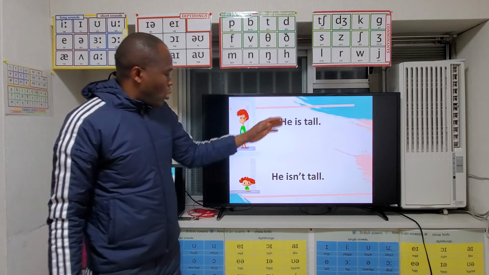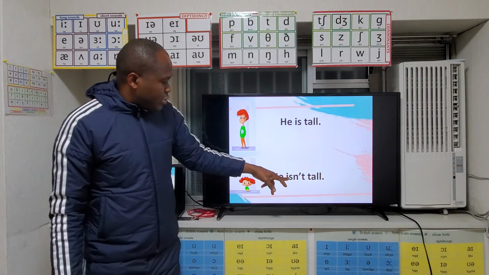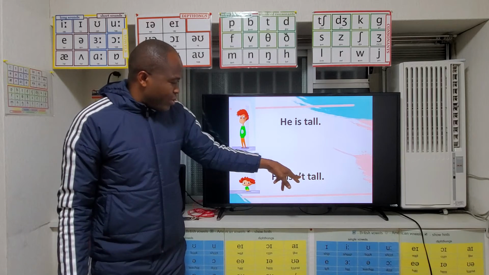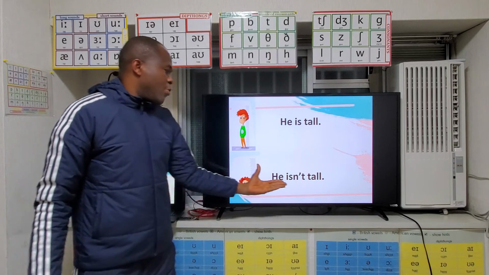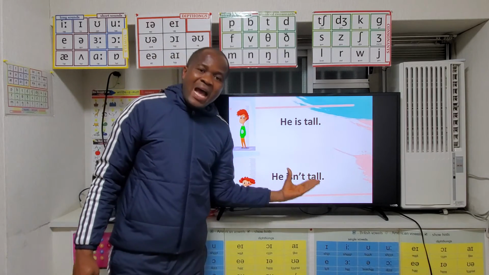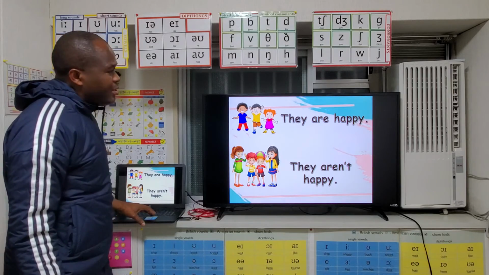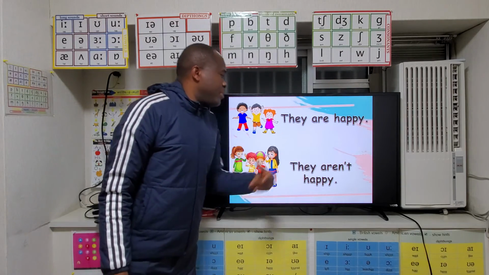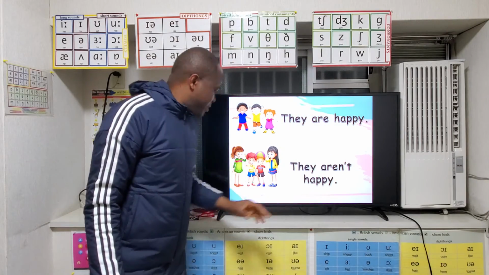He is tall. He isn't tall. Remember, the to be verb is put together with the n't. This is a short form. He isn't tall. And the long form is he is not tall. They are happy. They aren't happy. That is a short form. They are happy. They aren't happy.